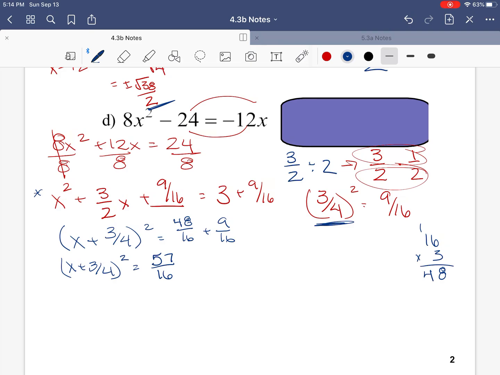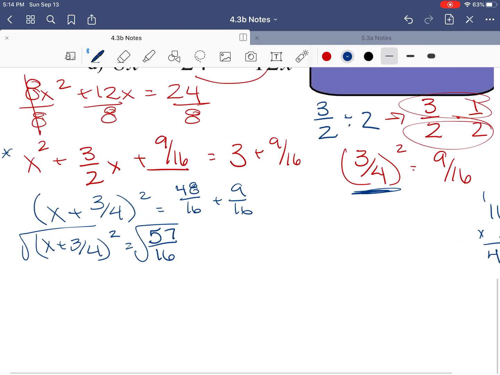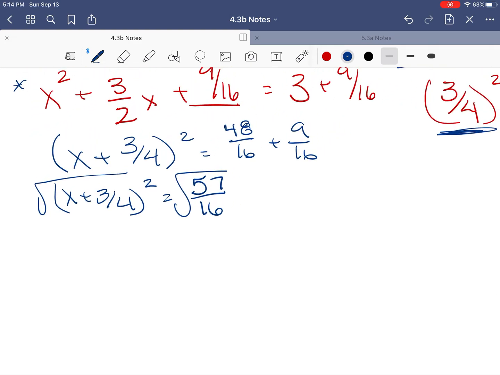Over 16. Square root both sides. We smile because we know 16 is a perfect square, so these are going to be nicer numbers than alternatively. So x plus 3 over 4 is equal to plus or minus root of 57 over 4. I'm going to subtract my 3/4.